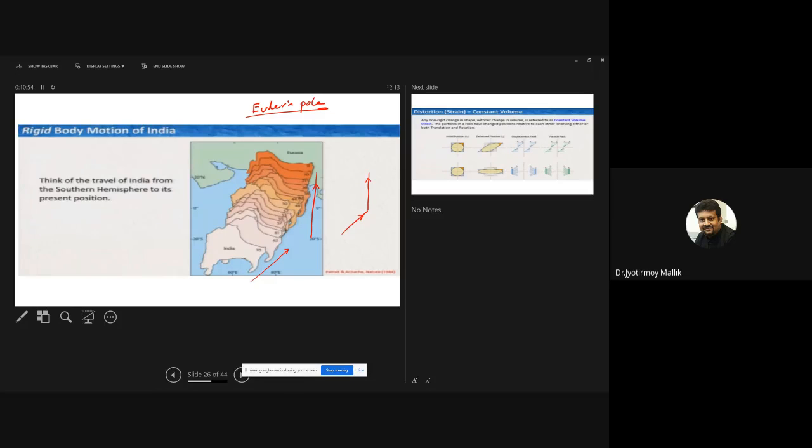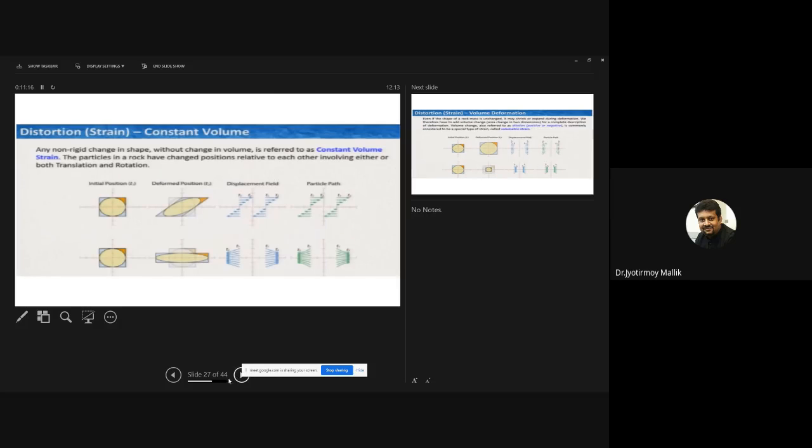In the reference frame of India, if we are just looking at it, it looks like translation in both directions. But if you zoom out, you can observe that it's nothing but rotation around the Euler's pole. So this is an example of a rigid body rotation as well.